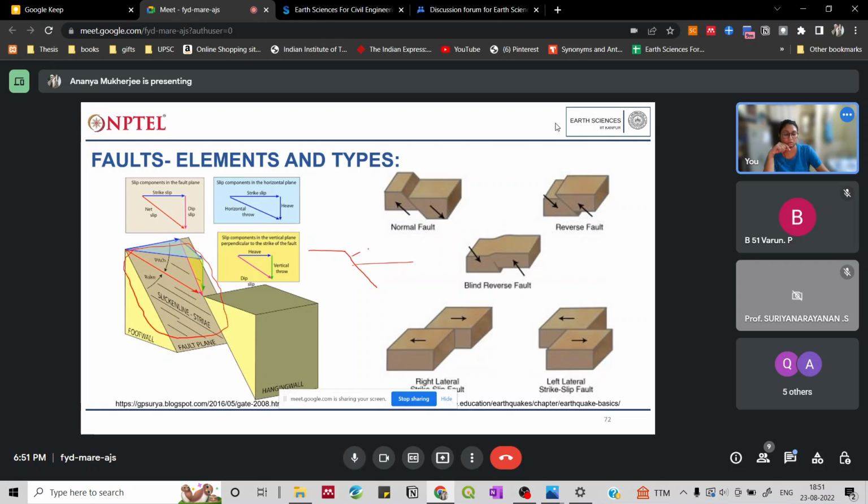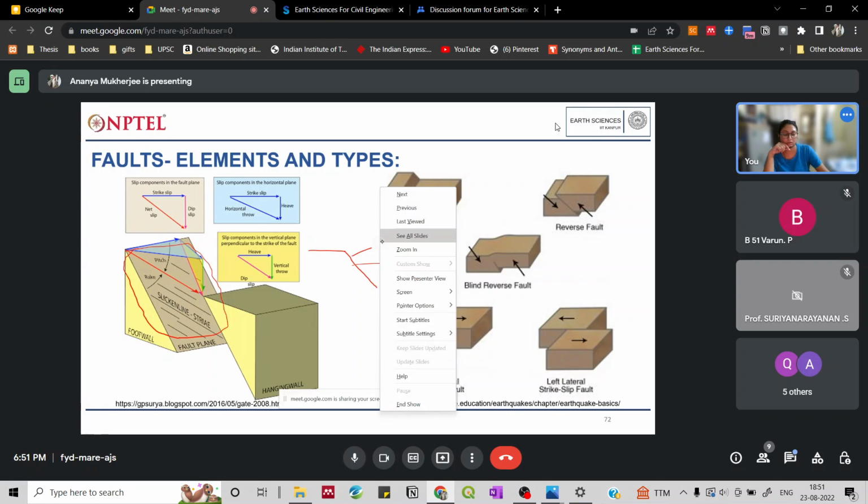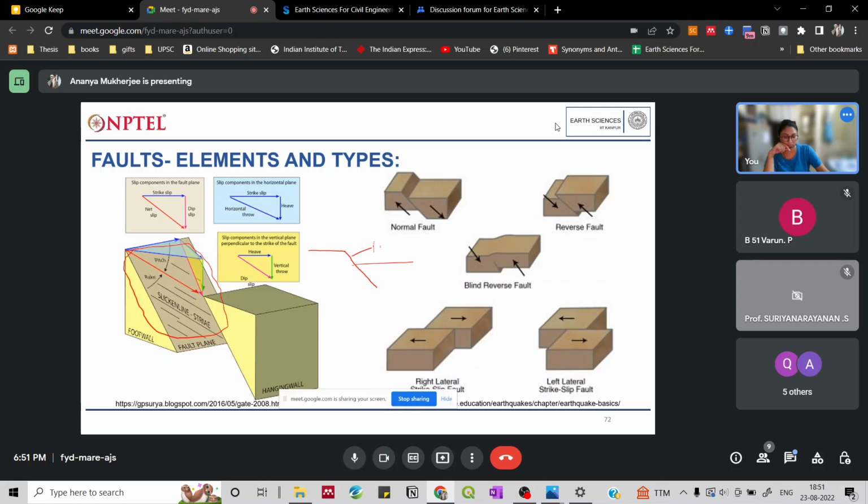So this is the fault plane. The rock block that is above the fault plane is called the hanging wall, and the rock block that is below the fault plane is called the footwall. So this is a very simplistic diagram.